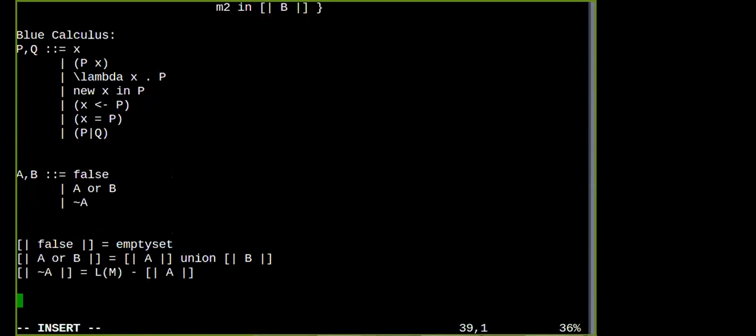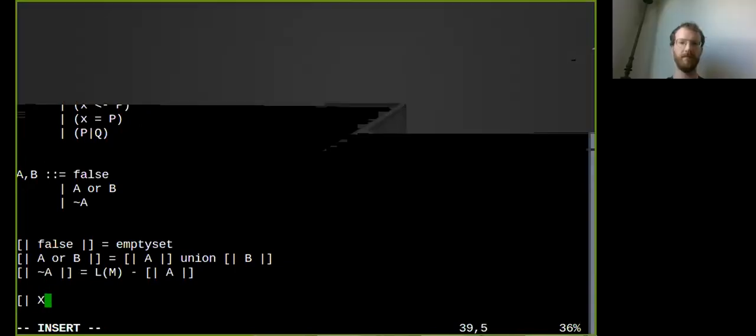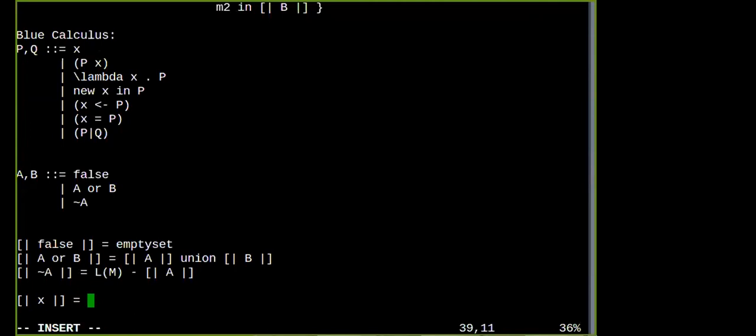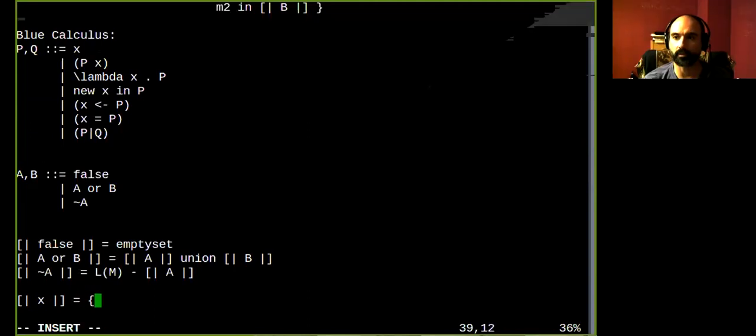Well, if you pick one of the productions above, I guess X. So we'll just call this big X to differentiate, or we can just still call it X. And then what would the meaning of X be? Singleton set with X.